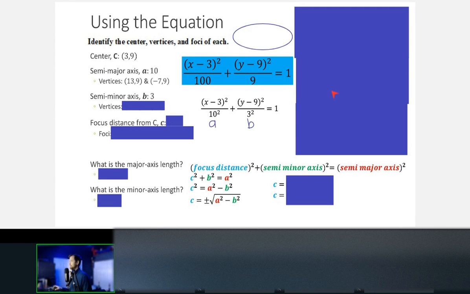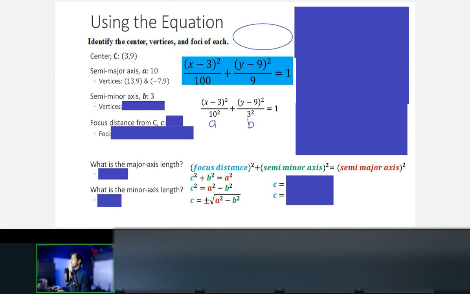Remember, the A value is always the major axis. A is not X or Y. That's really dependent on which is bigger. That's why I wrote A here and B here. So A is the X direction, B is the Y direction. B is the minor, the smaller of the two.